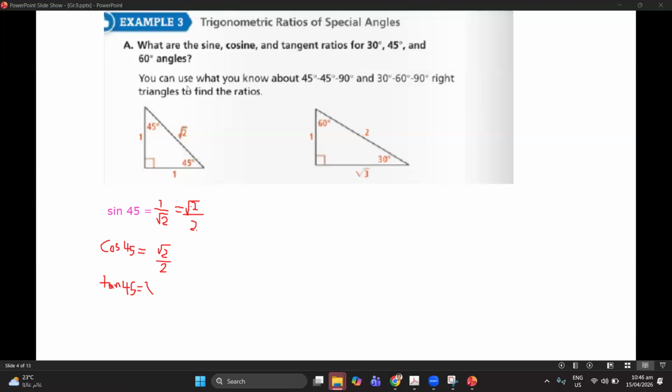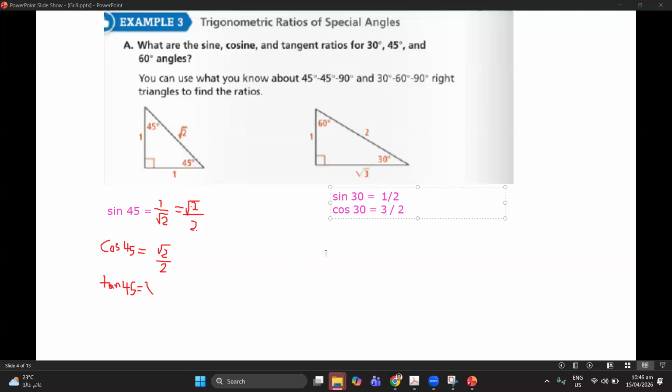Okay, fine. Let's go now to find the sine of 30. Sine of 30 is 1 over 2. Thank you. What about cosine of 30? Square root of 3 over 2.